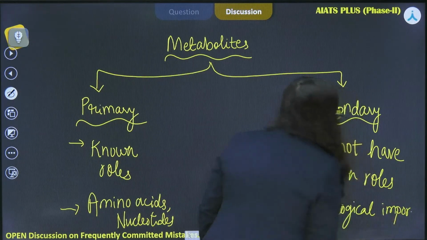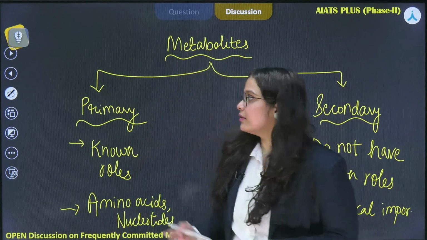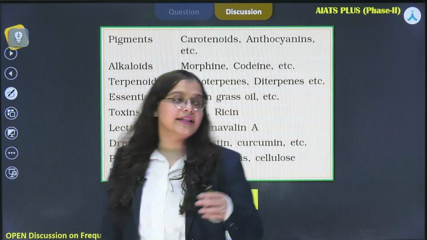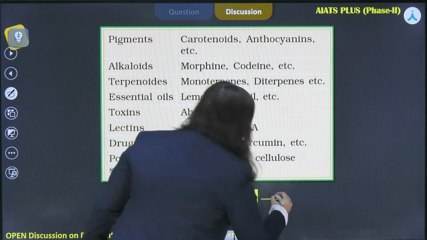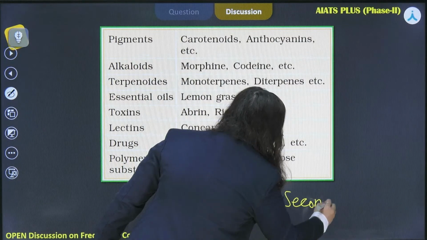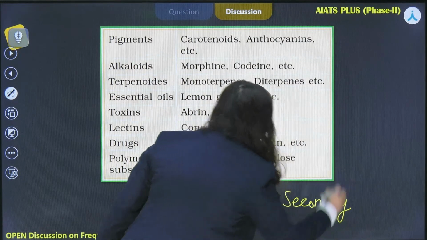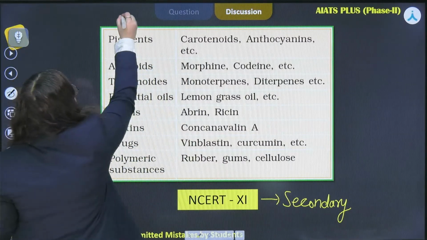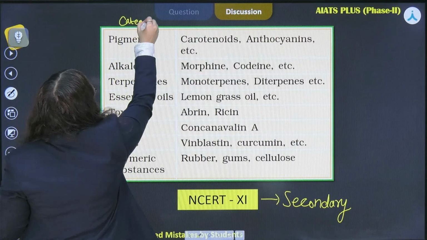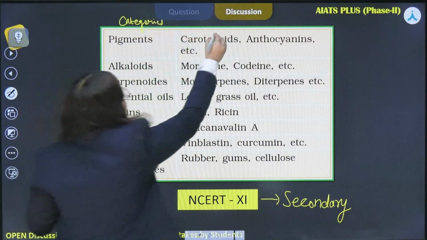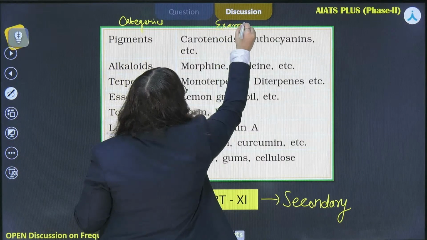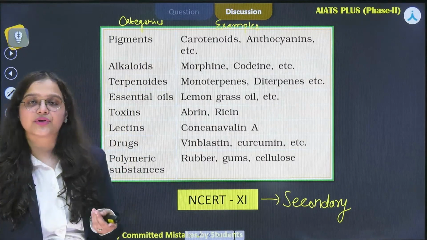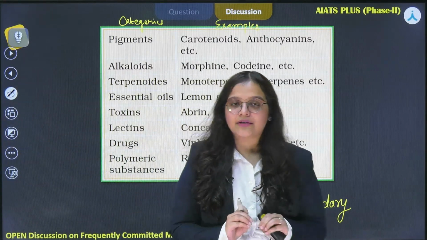All right. And there is a table given for the secondary metabolites, and this table is taken from the NCERT. It is an example of secondary metabolite, and we can see we have various categories and its examples, and we need to memorize this table so that we can answer a question based on secondary metabolites.